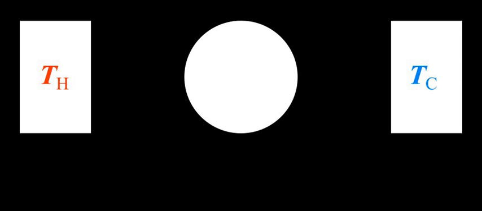If we choose this trial Hamiltonian such that ⟨H̃⟩ = ⟨H⟩, where both averages are taken with respect to the canonical distribution defined by the trial Hamiltonian H̃, then A ≤ Ã, where A is the free energy of the original Hamiltonian and Ã is the free energy of the trial Hamiltonian.